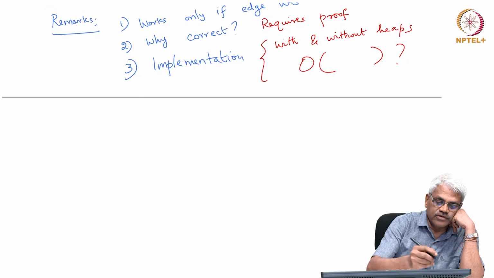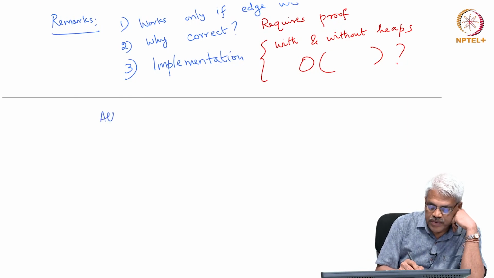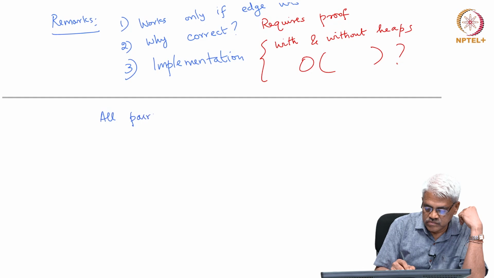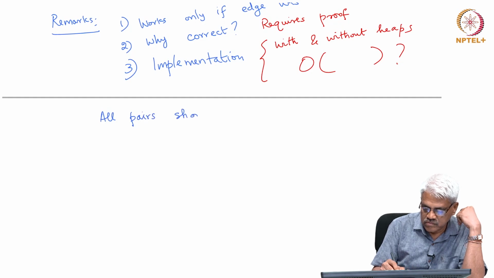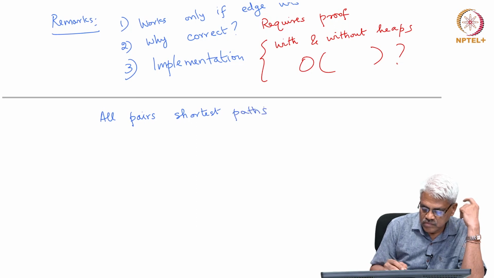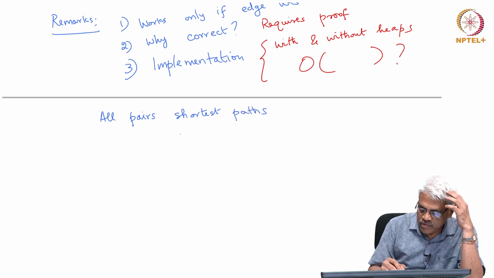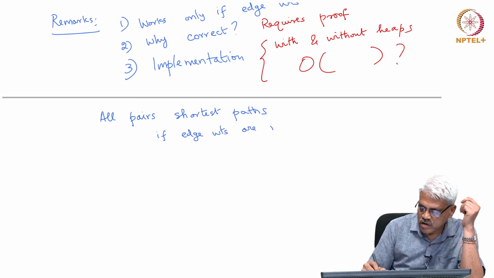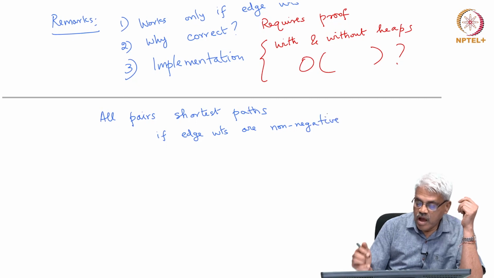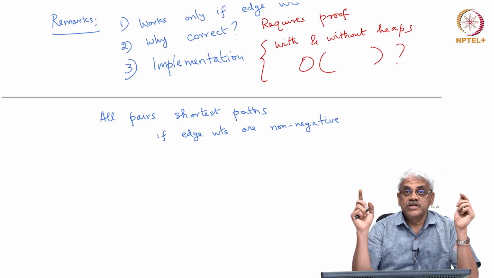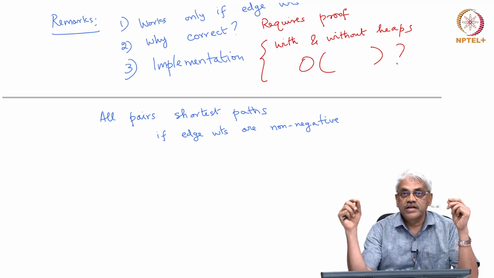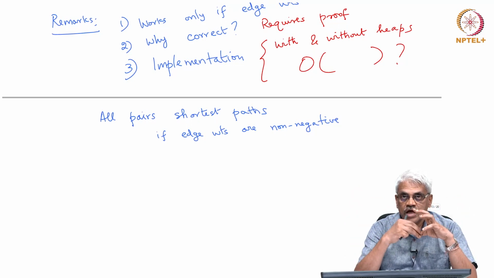In the context of shortest paths, there is this all pair shortest paths. If edge weights are non-negative, remember, Dijkstra's algorithm finds the shortest path and the lengths from a source vertex.